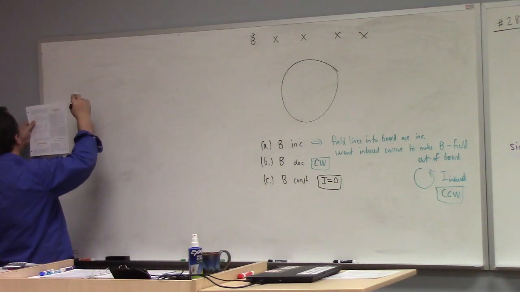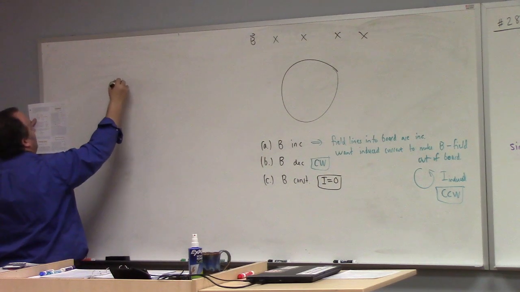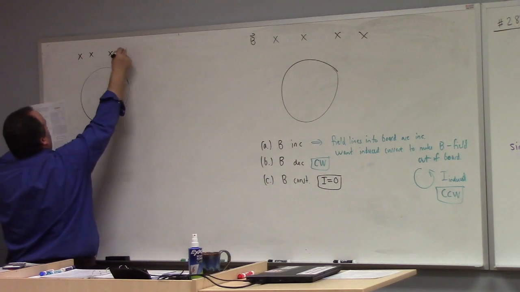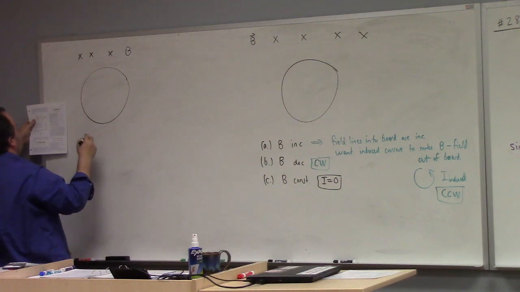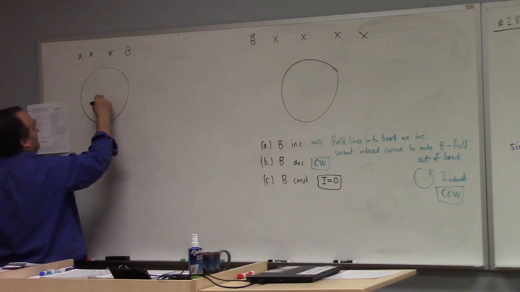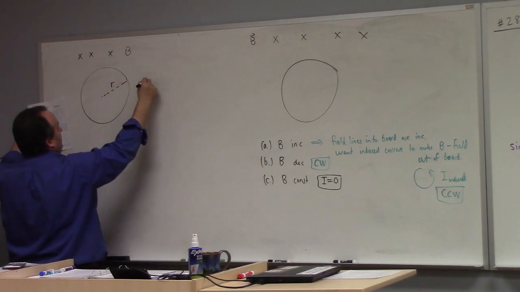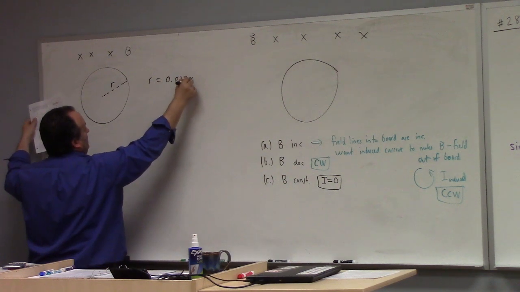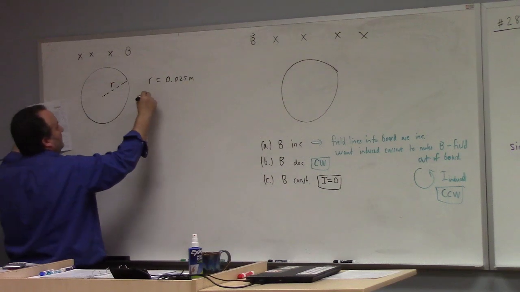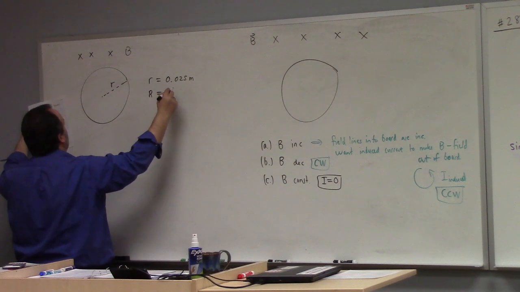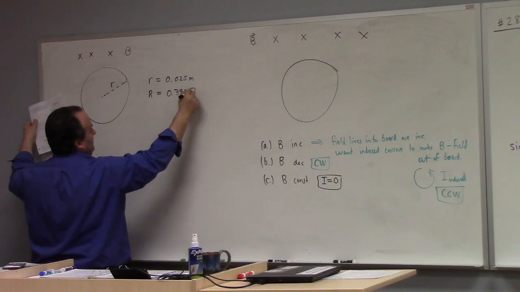All right, so you've got a loop, the magnetic field is into the board, and the radius r is given: 0.025 meters. The resistance is 0.390 ohms.